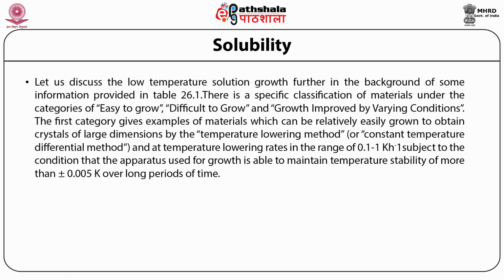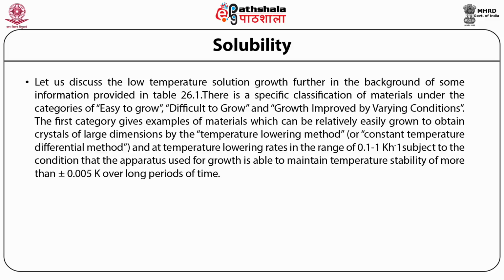Let us discuss the low temperature solution growth further in the background of some information provided in Table 26.1. There is a specific classification of materials under the categories of easy to grow, difficult to grow, and growth improved by varying conditions.